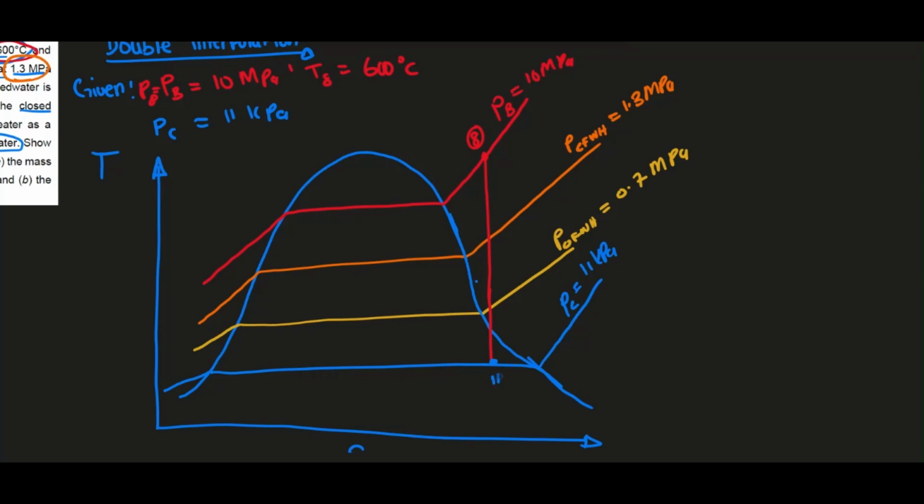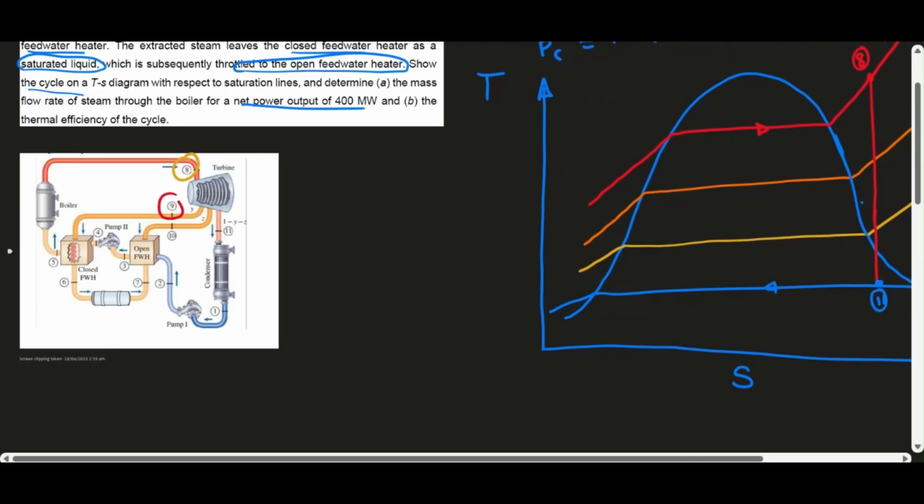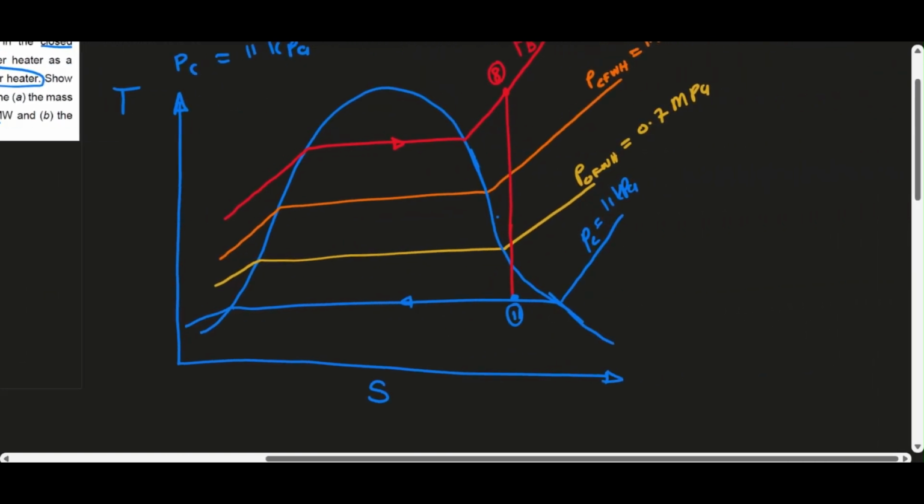This is 11. And this will be the direction of steam flow. And from here, we see that at 9, there's extraction of steam to the closed feed water heater. That will be 9 there.